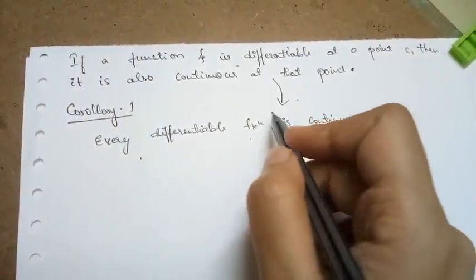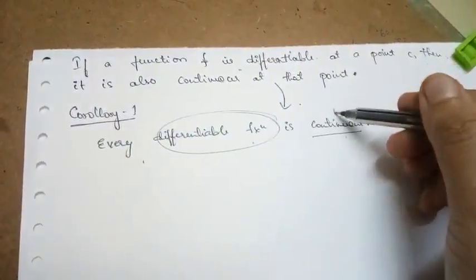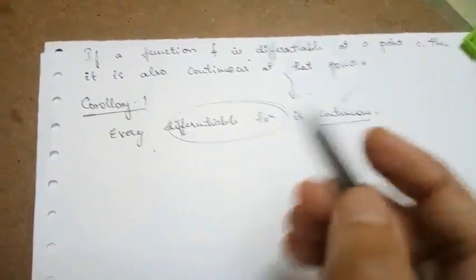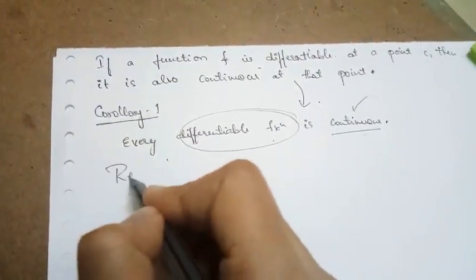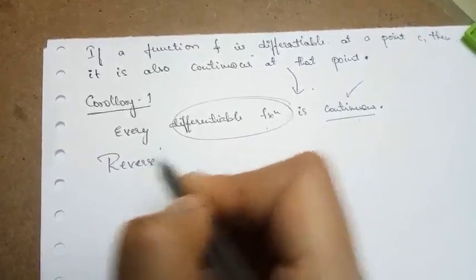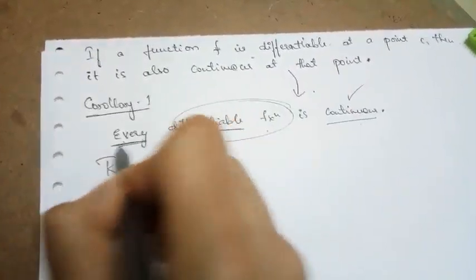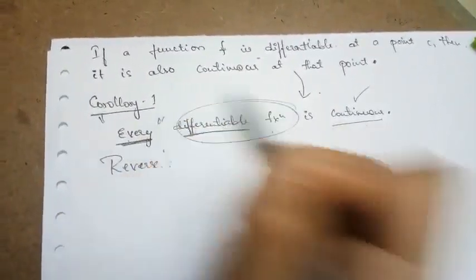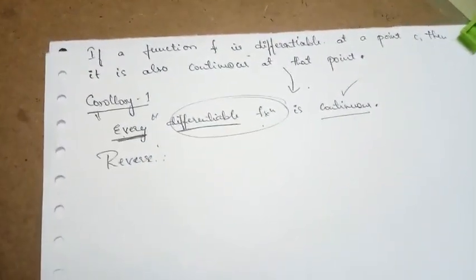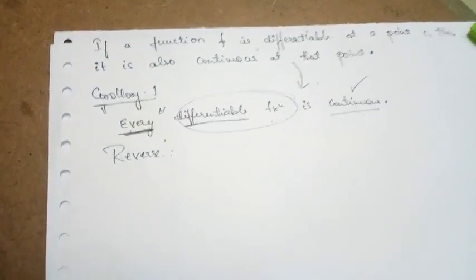Then by closing your eyes you can say that the function is continuous. But the converse statement, the reverse statement, is not always true.